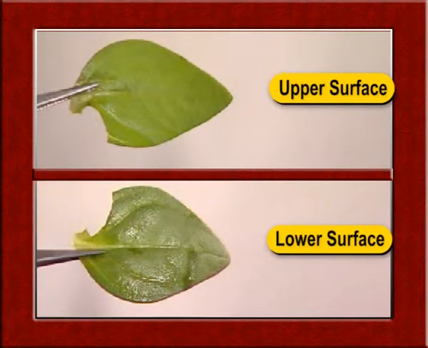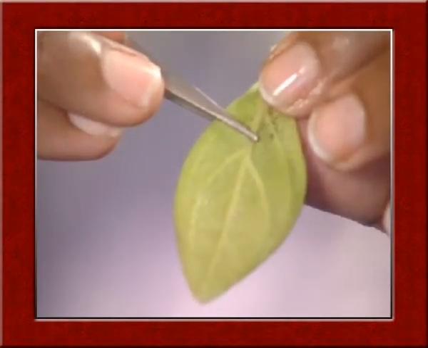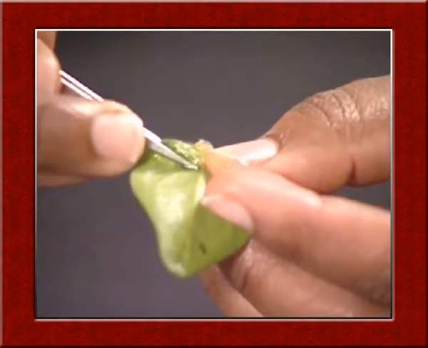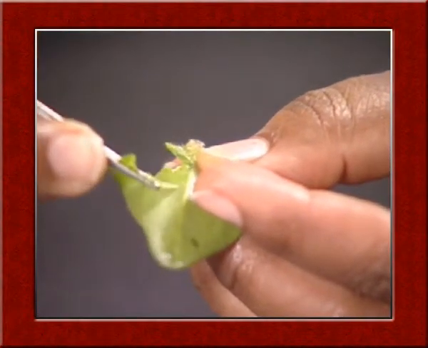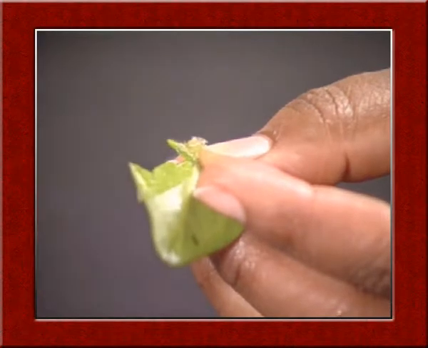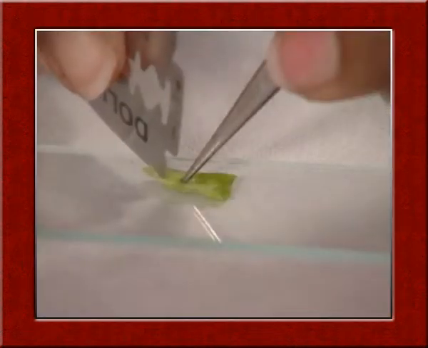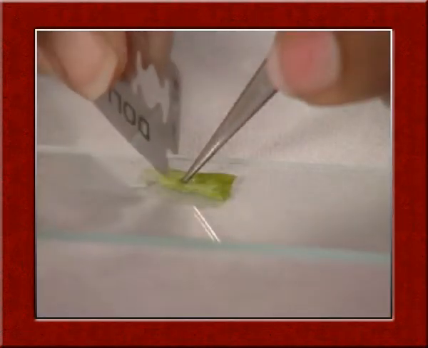First, remove a thin peel from the lower surface of the leaf, as it bears a higher number of stomata. The peel can be taken out by tearing the leaf obliquely with a single jerk or scraping it with a blade.